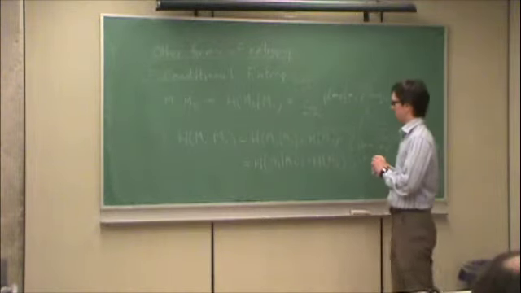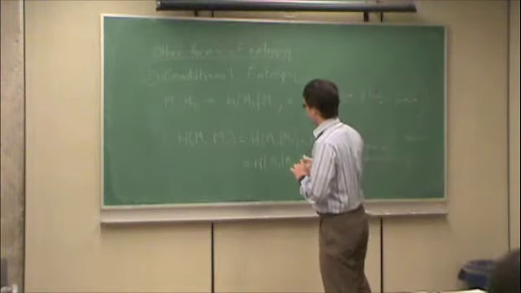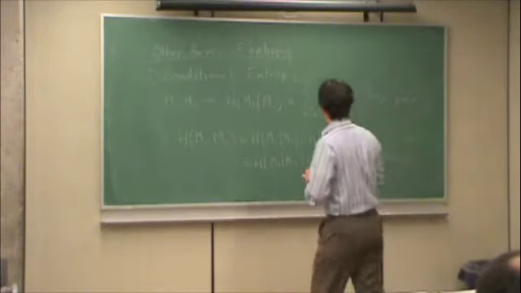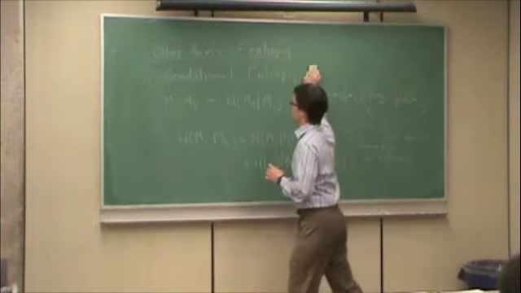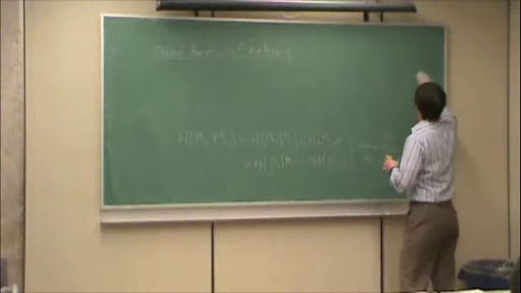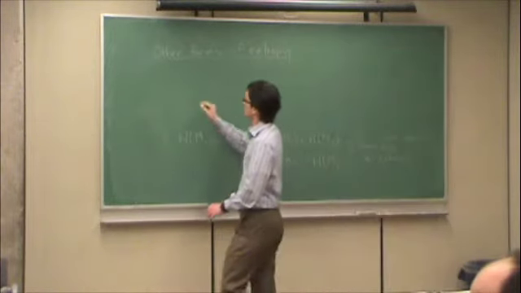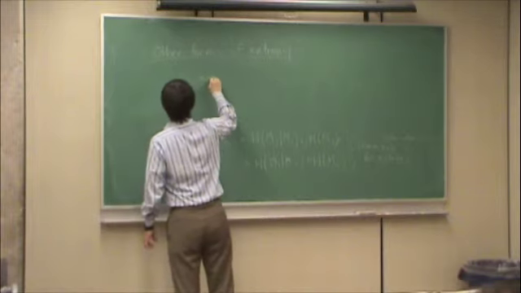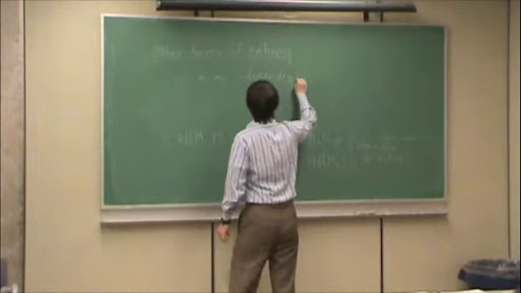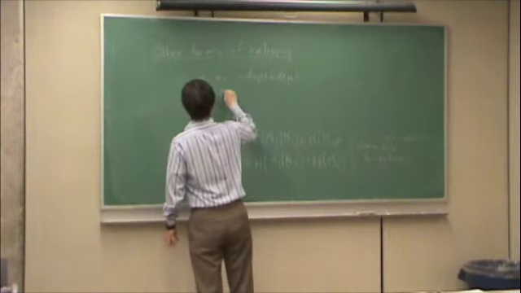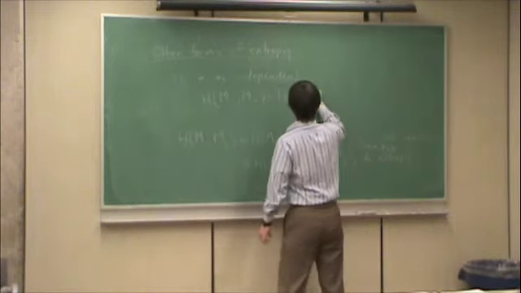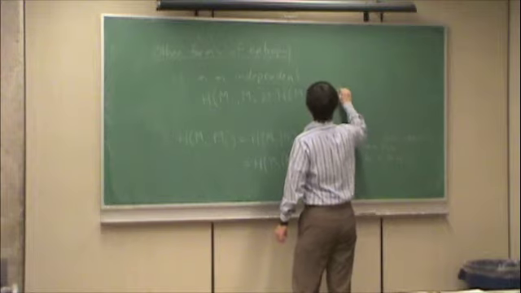So let's think back to a second ago when I talked about independent random variables. So I said that, let me write this up here. If M1 and M2 are independent, then the joint entropy between M1 and M2 is equal to H M1 plus H M2.